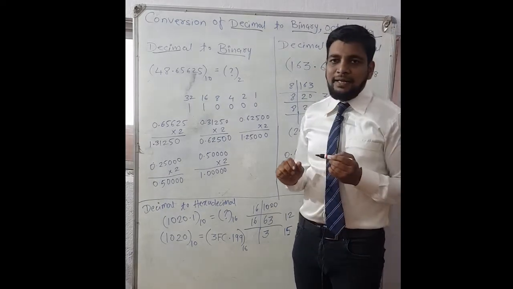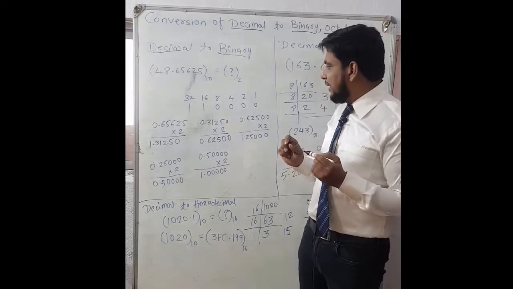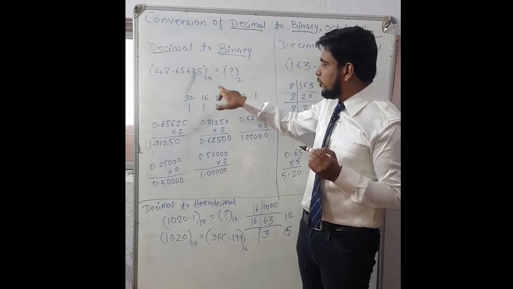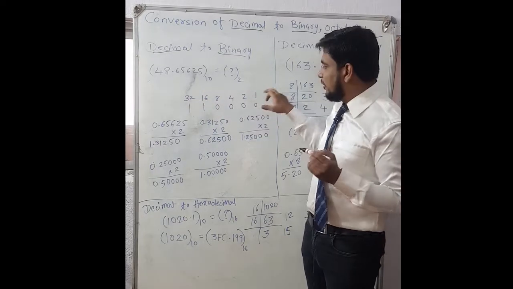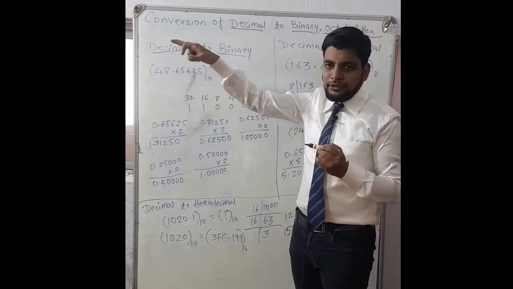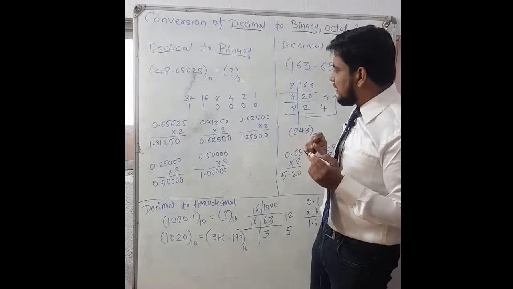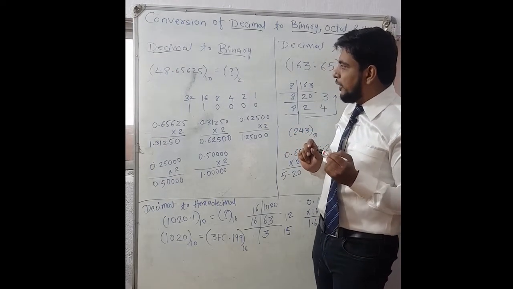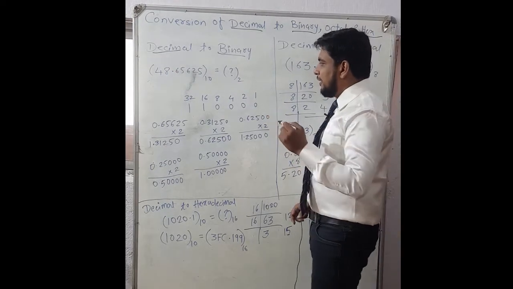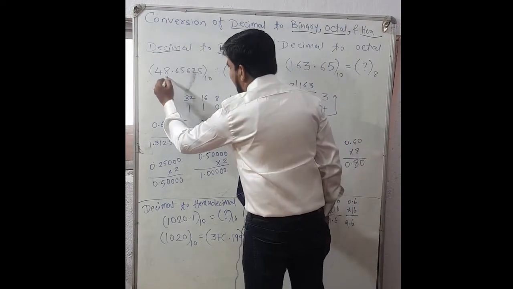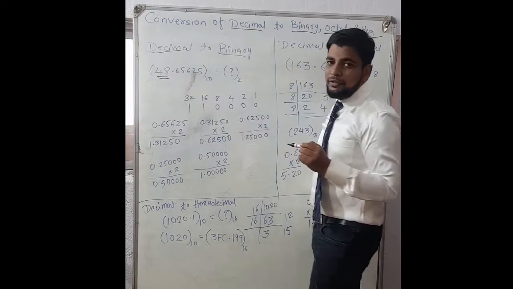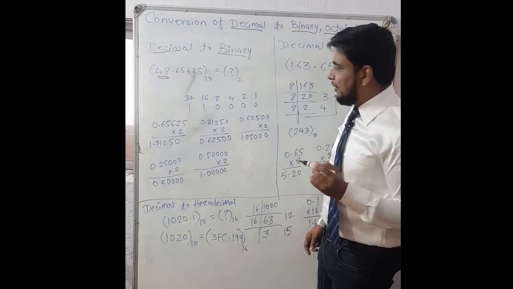The second, shortcut method I have shown you is 2 raised to 0, 2 raised to 1, 2 raised to 2, 2 raised to 3, likewise 1, 2, 4, 8, 16, 32, 64. Whatever number you need to convert, you take these numbers. Suppose 48 is the number we have to convert to binary.